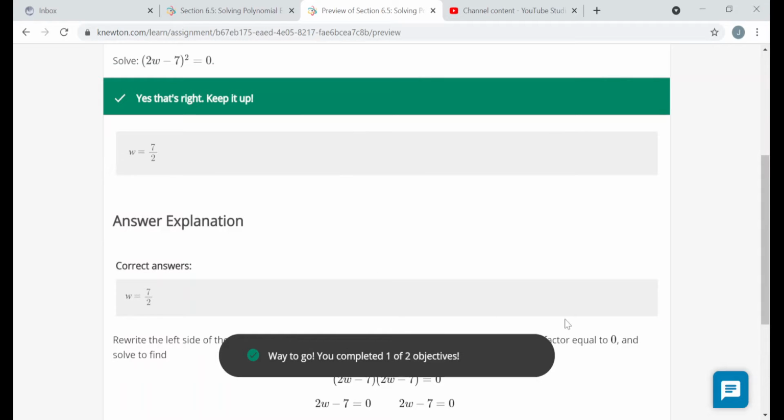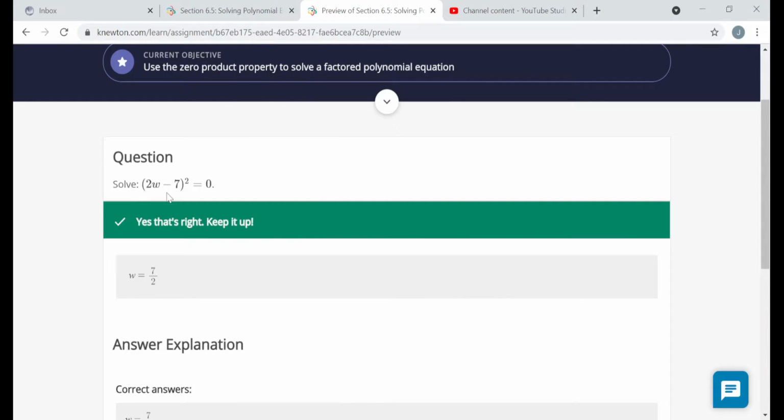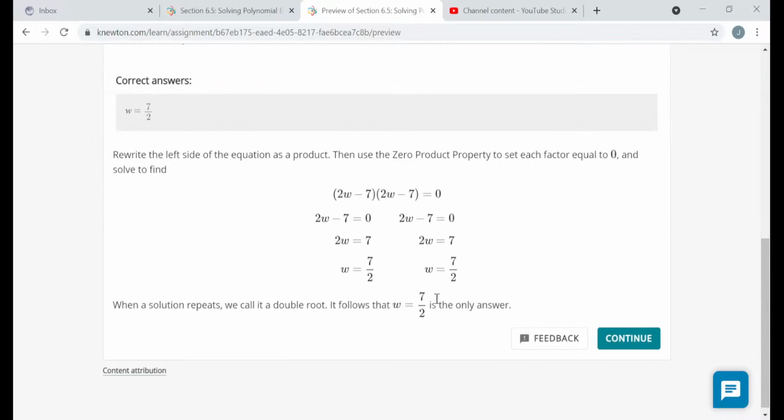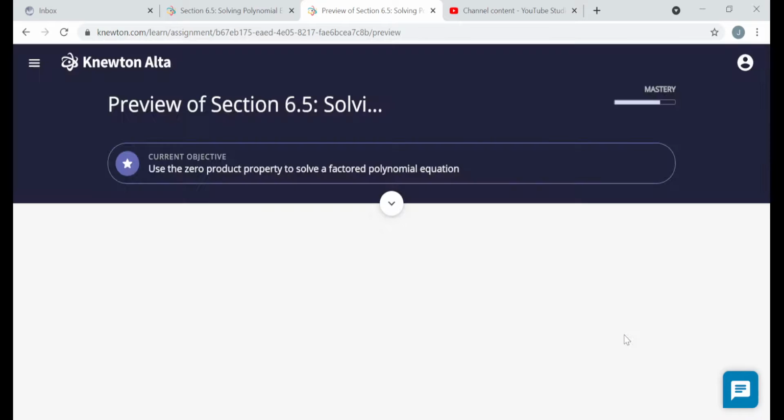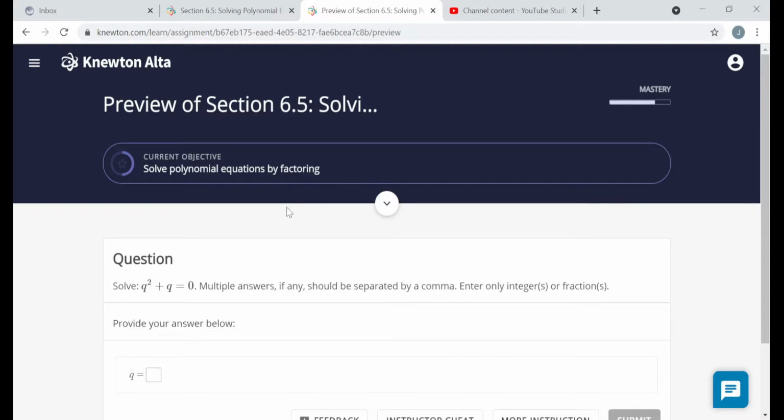Great. So that objective, using the zero product property where they already give you a factored polynomial on one side, 0 on the other, that's done. That should be simple. And then we've got 2 more questions to do where we're solving the equations by factoring ourselves. So far it's been pretty nice where they gave us the whole polynomial on one side and 0 on the other.